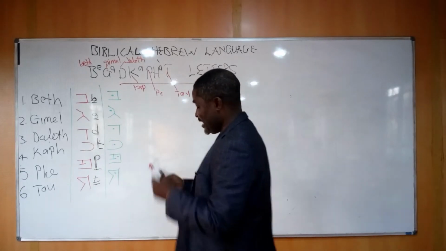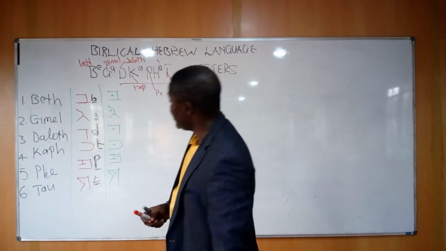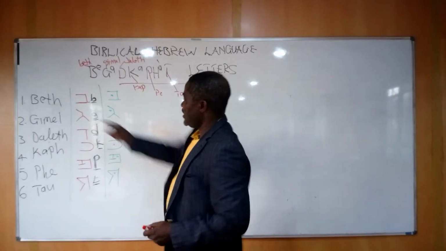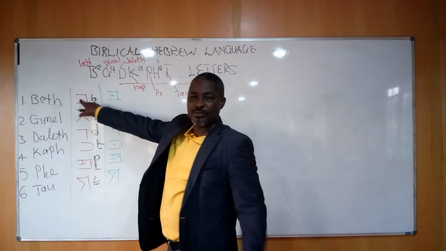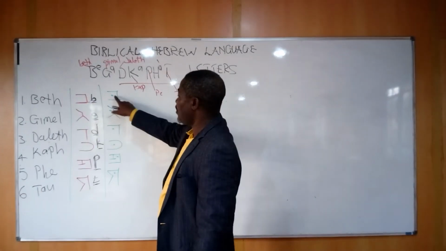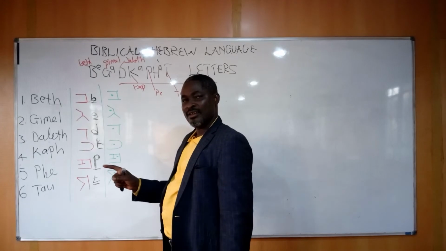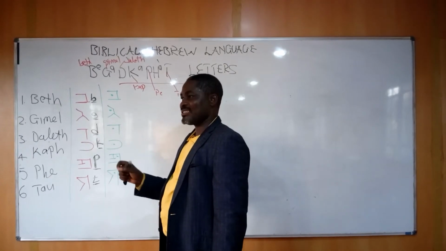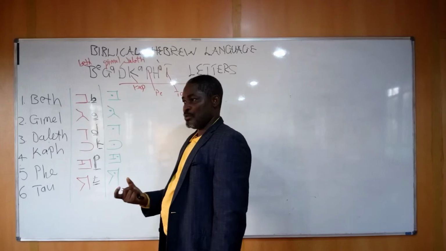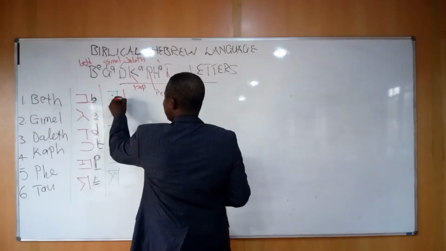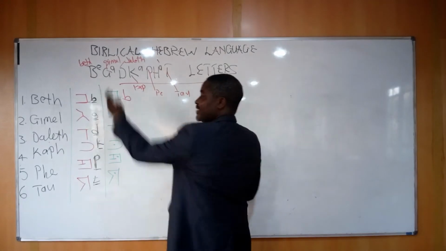But whenever any of these letters are written and there is a dot inserted into them, it changes. The bet without a dot is V, but the one that has a dot inside, you call it B. When you transliterate, you just write an ordinary B without a line under.